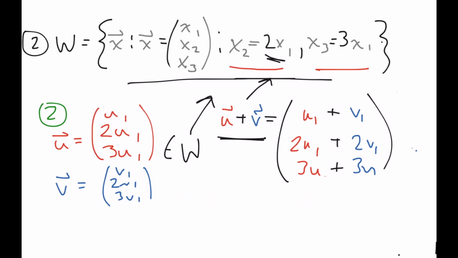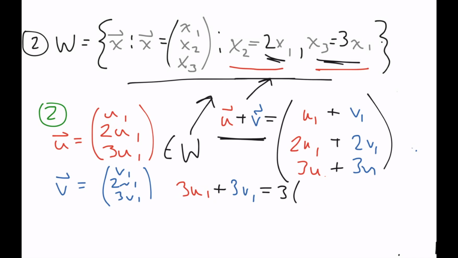So let's check that the second condition is met. We have x3. We know that that's equal to 3u1 plus 3v1. And this should be equal to 3x1.